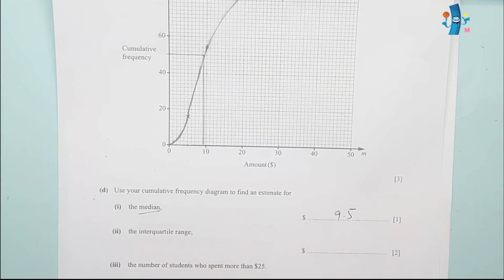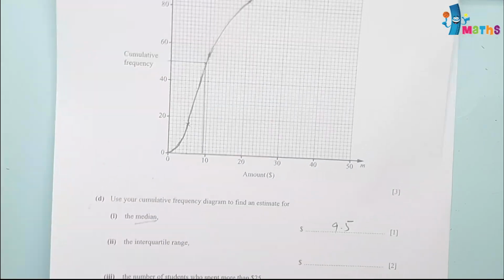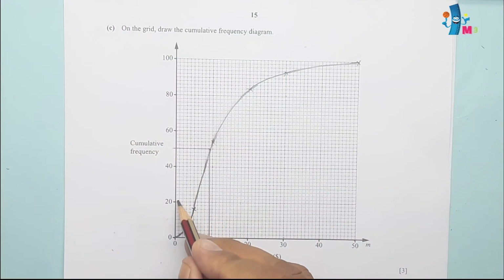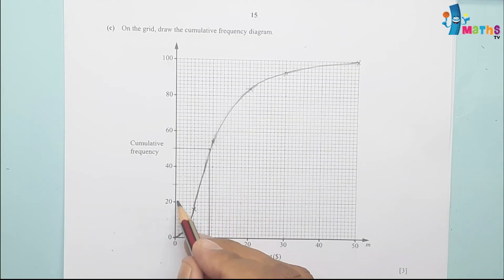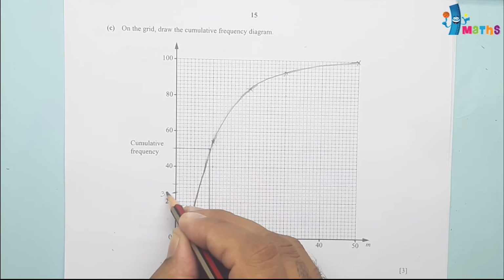9.5. Then interquartile range. For the interquartile range we will be checking the 25th percentile. 25th will be, this is 30, and in between these two will be this point, this is 30. So I will write here for you 30.